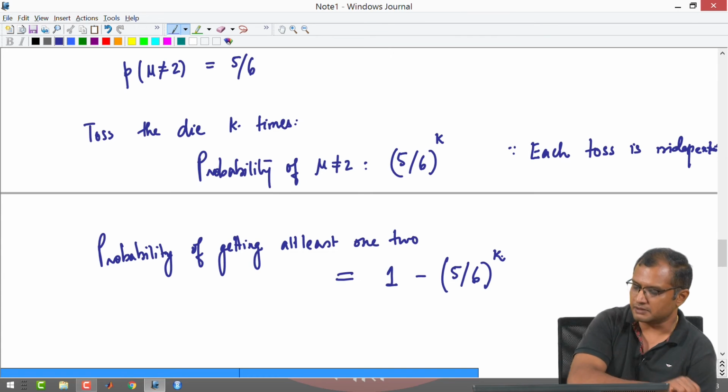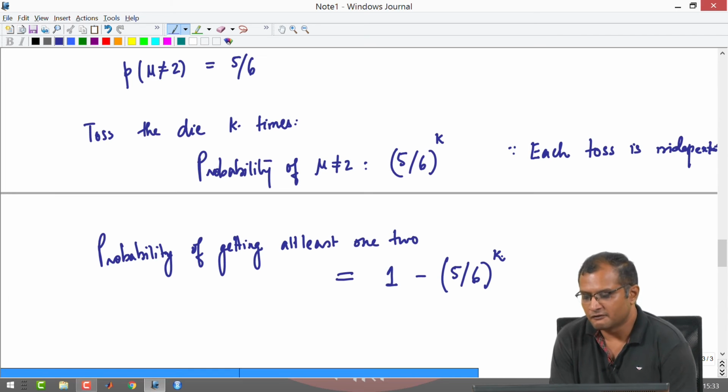So, the answer to the question is simply 1 minus (5/6)^k.